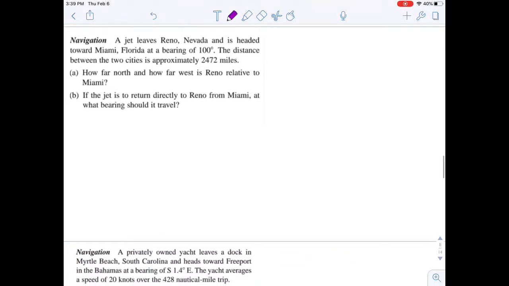So the most essential thing here is going to be drawing a picture. You will always start with a north-south line. You can also add in your east-west. It says that we are flying at a bearing of 100 degrees.